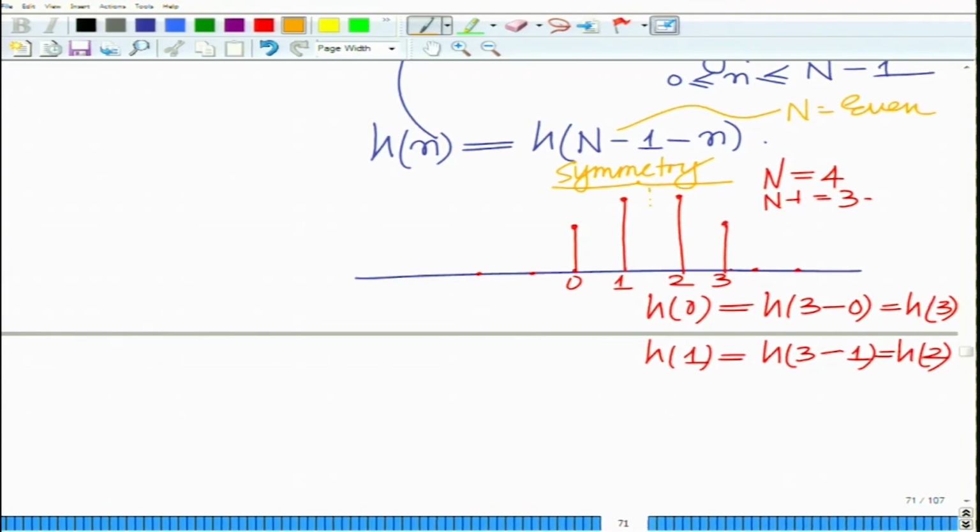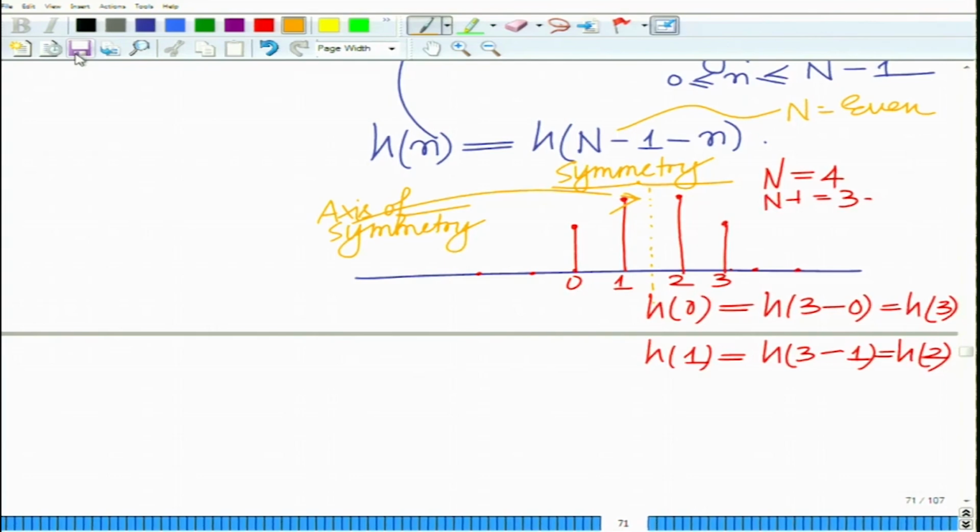So, this has symmetry about this point. So, you can think of this as basically your axis of symmetry, okay.